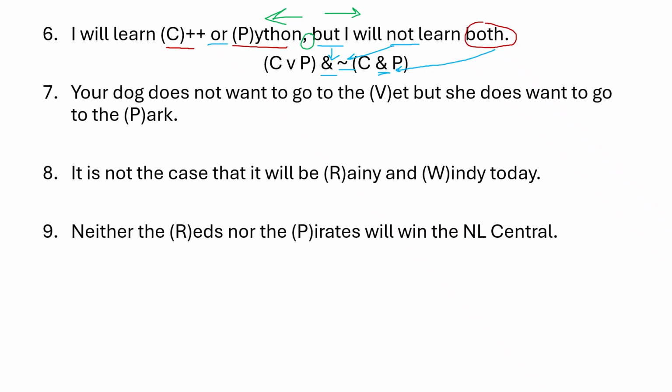It's tricky because you might not be as sure about what to do with the tilde. But here, since we're not saying not both, the tilde goes outside the set of parentheses. Also remember that you have to have some connective in between the left and right conjunct here. So you can't just write the negation as the connective between C wedge P and C ampersand P, because the tilde only negates whatever it's connected to.